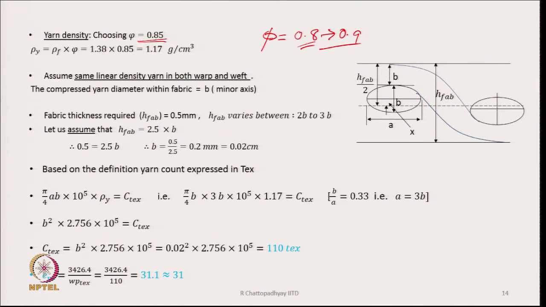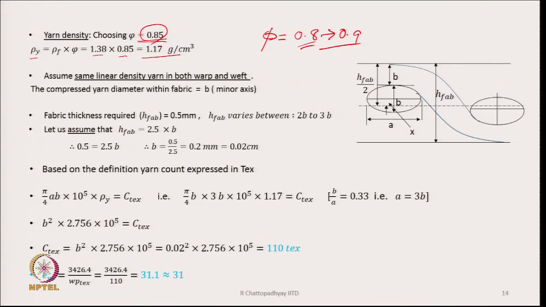So, anyway, we are choosing a value in between, which is 0.85. If we choose a value 0.85, then the yarn density becomes how much? 1.38 into 0.85, that is 1.17 gram per centimeter cube. That is the density of the yarn.